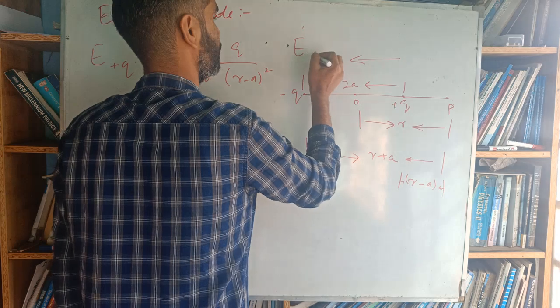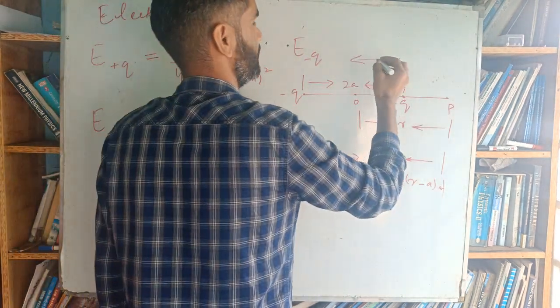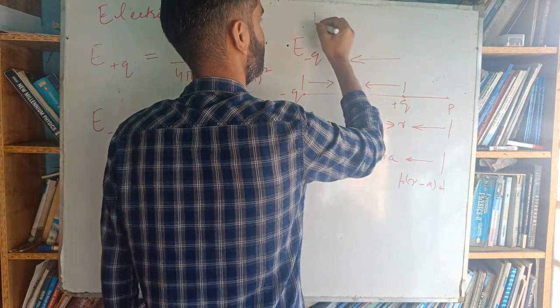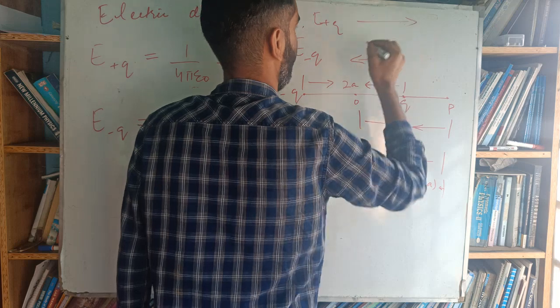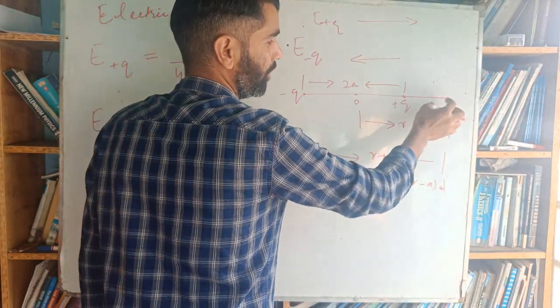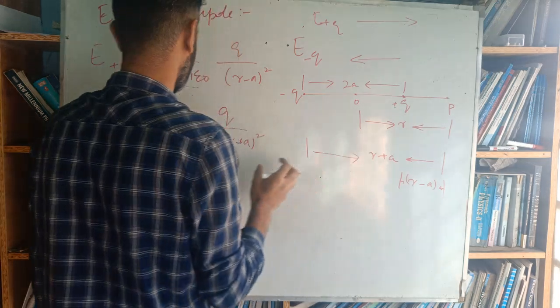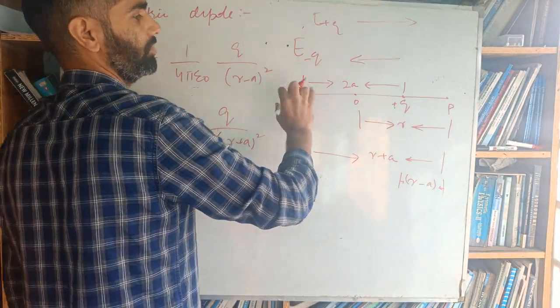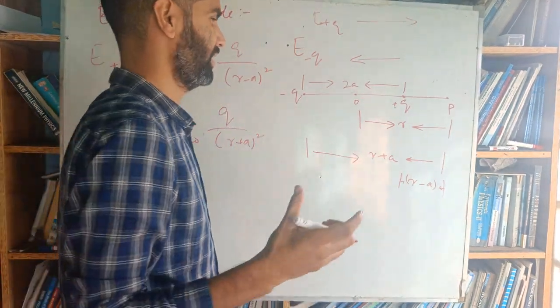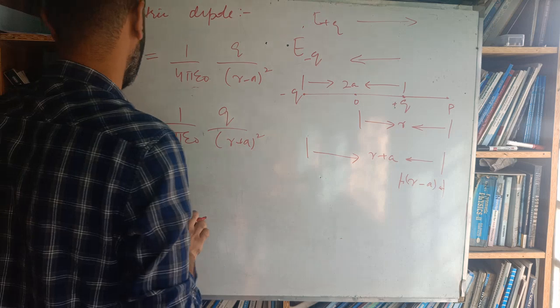E minus q will be directed inwards, whereas E plus q will be away. The electric field intensity at point P will be greater due to plus q because the distance is smaller, and due to minus q it will be lesser.